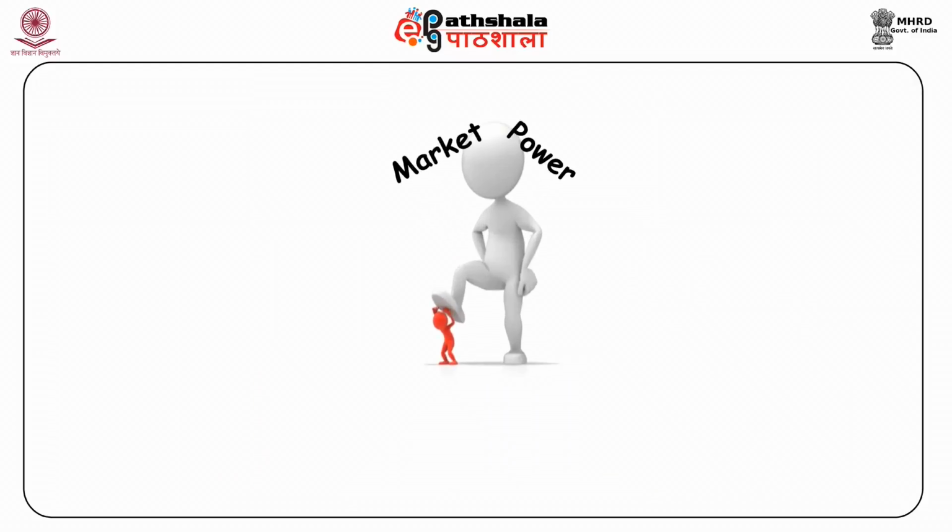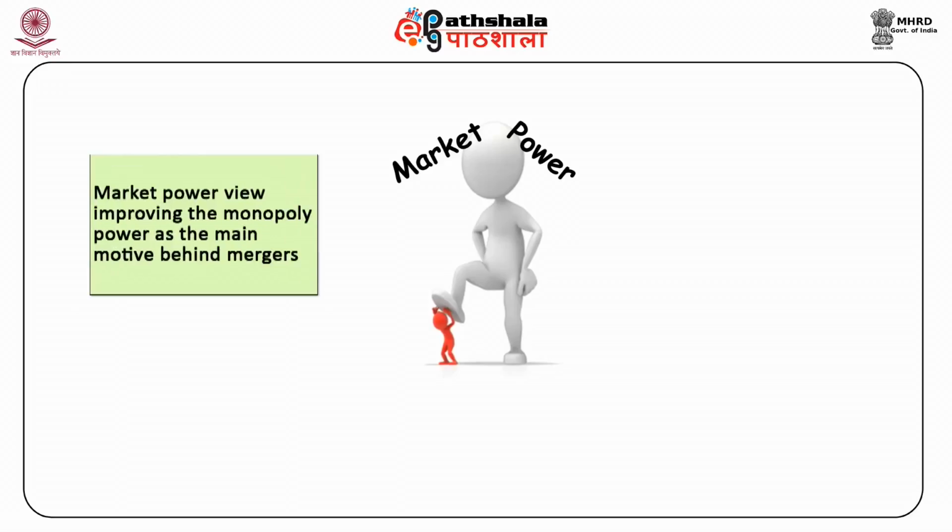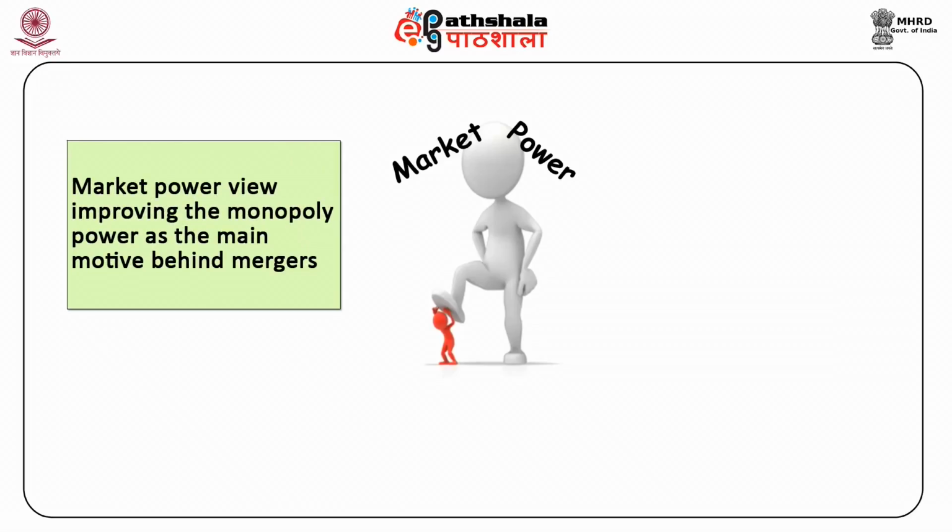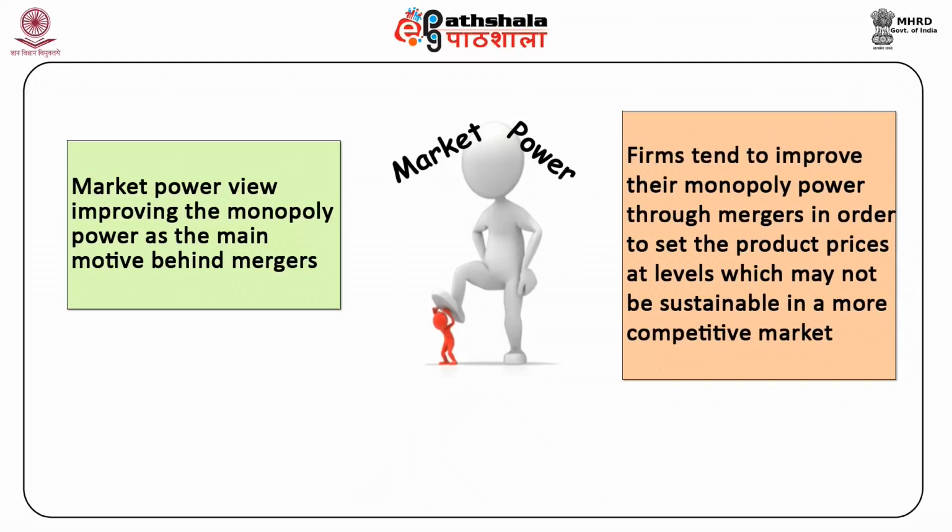Last is market power. The theory of market power views improving the monopoly power as the main motive behind mergers. Firms tend to improve their monopoly power through mergers in order to set the product prices at levels which may not be sustainable in a more competitive market.